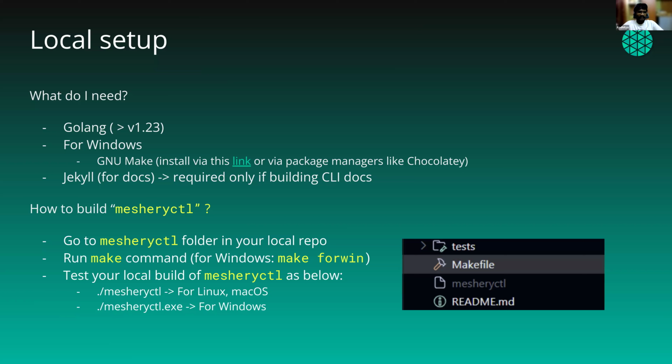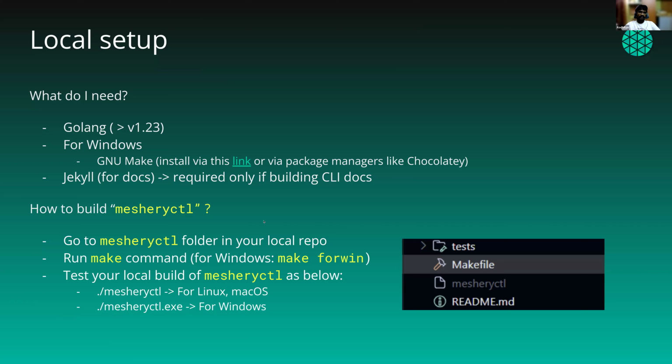The first and foremost thing you need is Golang, version 1.23 or above installed. If you are working exclusively on the Windows operating system, then you need to install GNU Make. Make is the one which helps in building the Meshery CTL behind the scenes. For macOS and Linux, it's already built in.